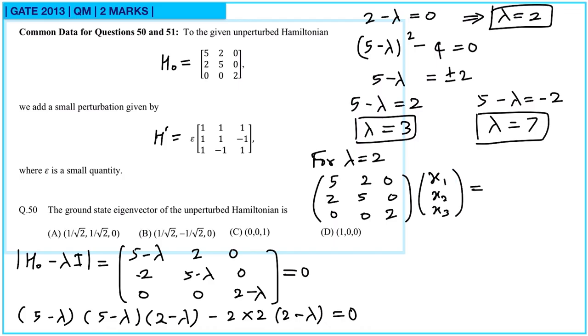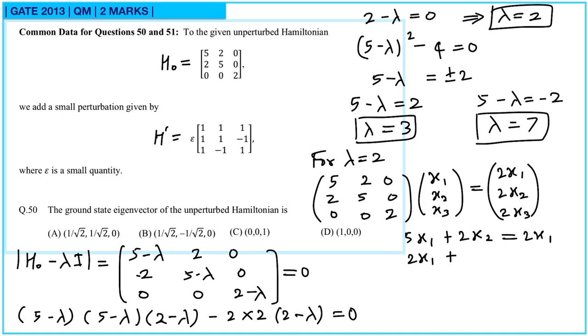That should give us 2 into x1, 2 into x2, and 2 into x3. So what we are getting is 5x1 plus 2x2 is equal to 2x1, 2x1 plus 5x2 is equal to 2x2, and finally 2x3 is equal to 2 into x3.